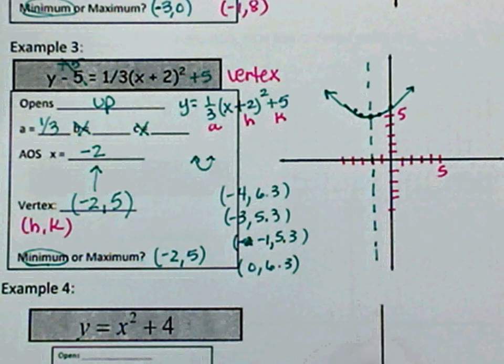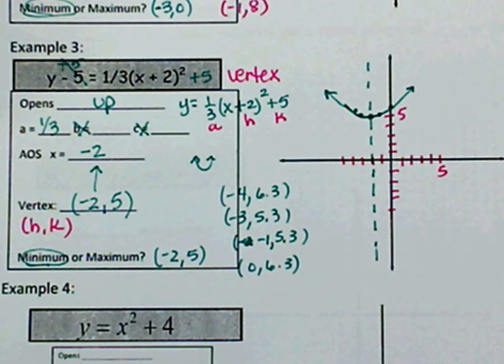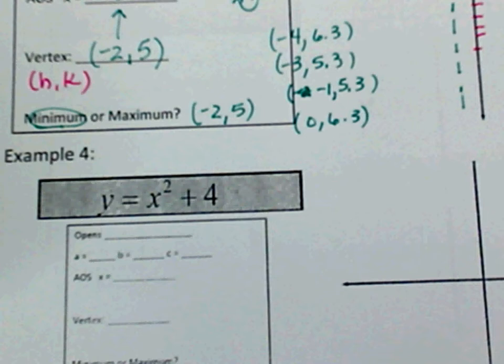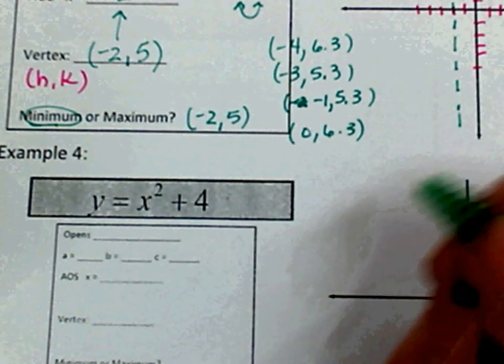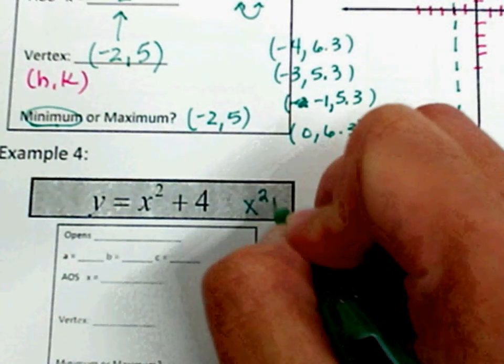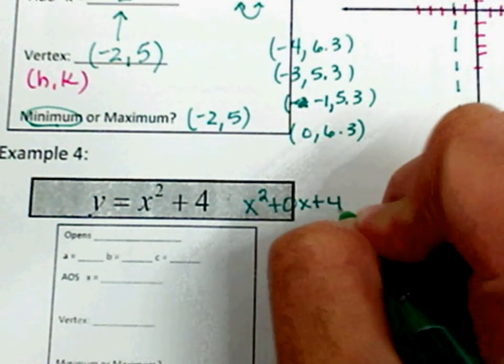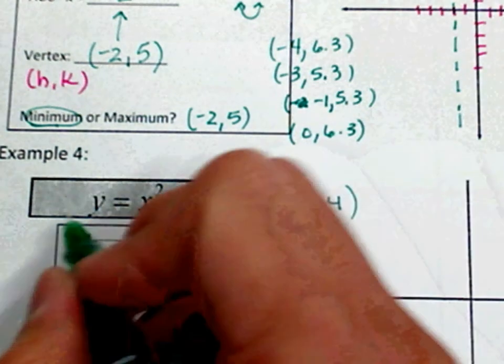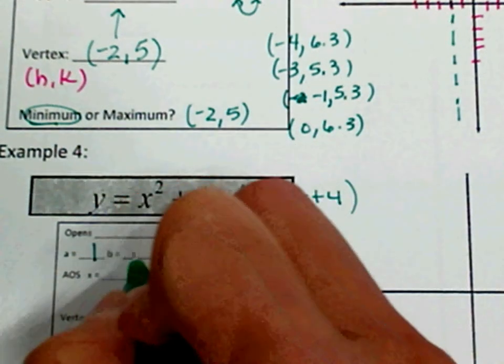Okay. Example 4. Well, what if you don't have a b? Well, it looks like this. x squared plus 0x plus 4. That's what that equation looks like. So here we go. What's your a? 1. B is 0. C is 4. And it's going to open up because that's positive.